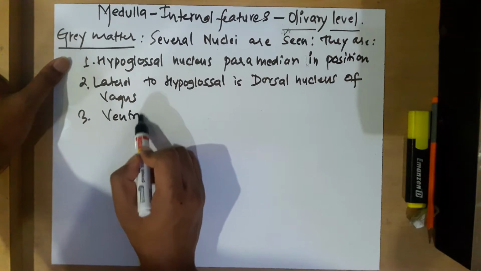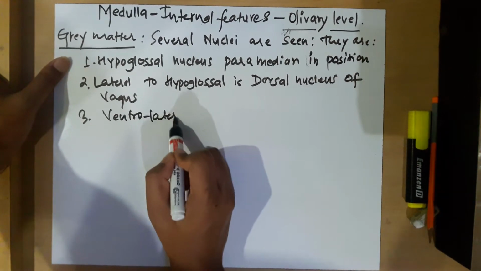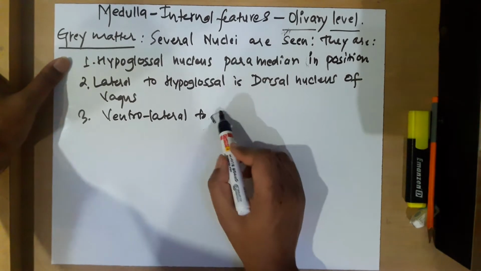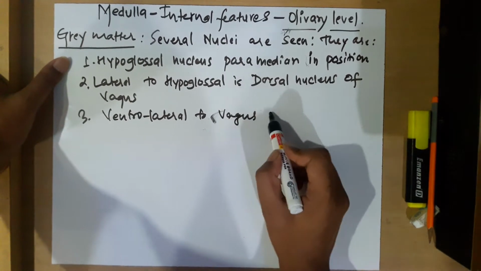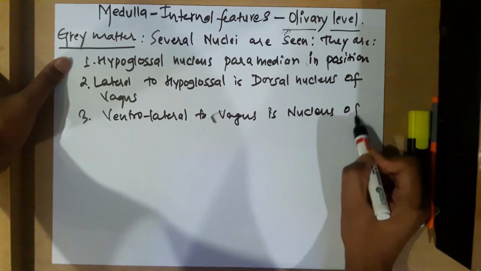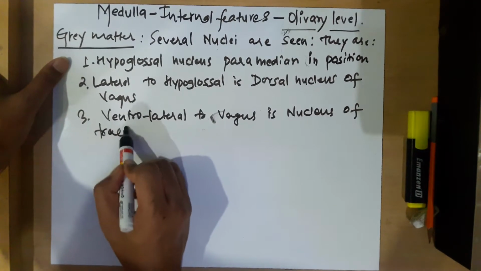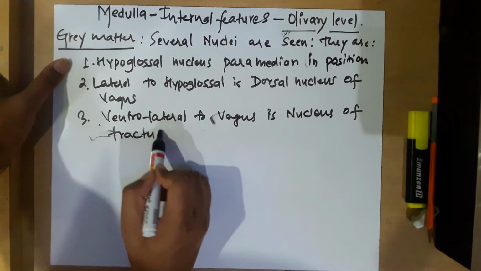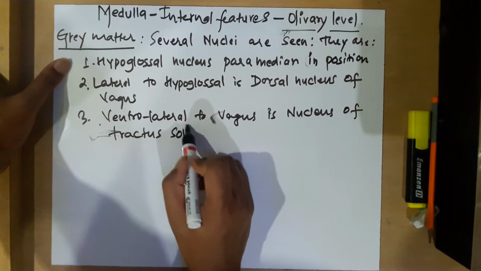Then ventrolateral to vagus is the nucleus of tractus solitarius.